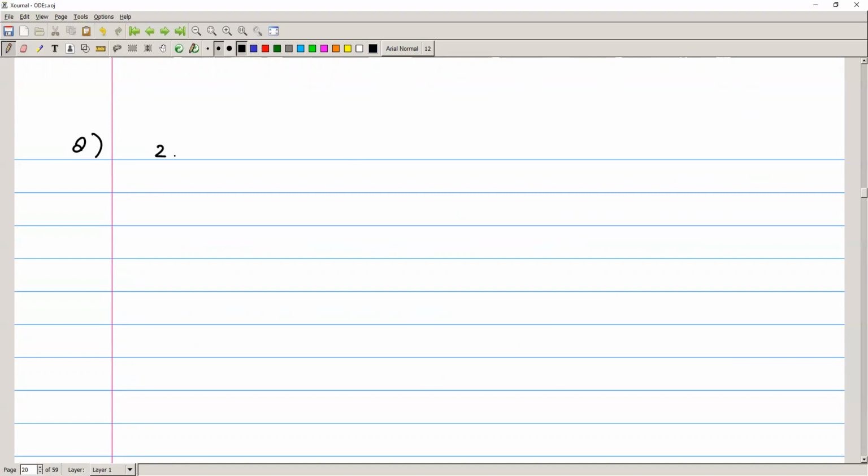Let's take this equation: (2xy cosine x squared minus 2xy plus 1) dx plus (sine x squared minus x squared plus 3) dy.